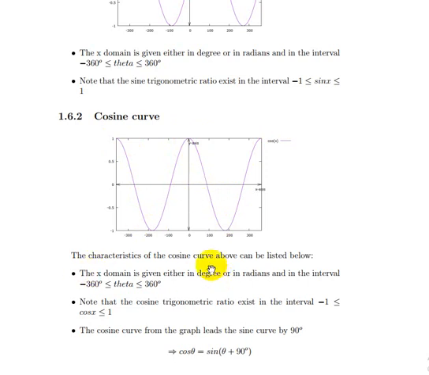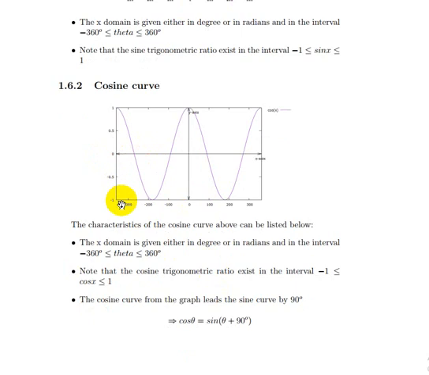And the characteristic of the curve here is that it's starting from negative 360 degrees to 360 degrees, and it's going to be a cosine curve which has an interval in the y range of being -1 and 1. So the cosine always exists in this same range.